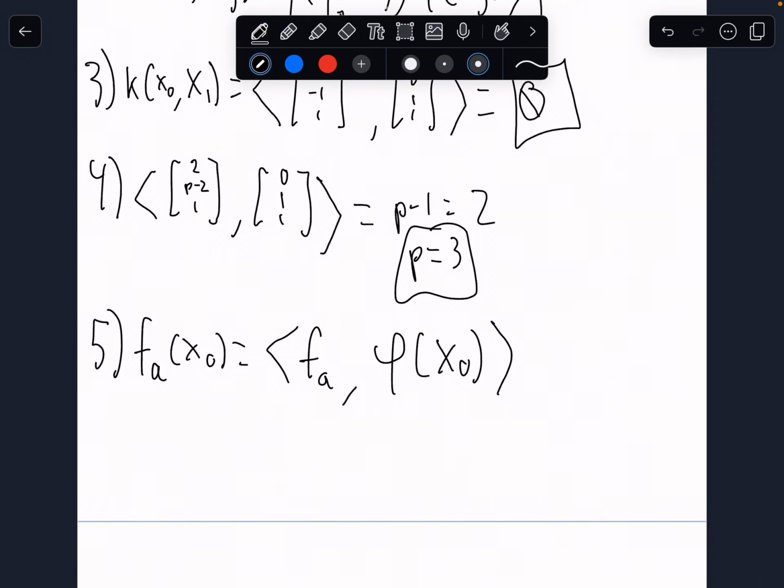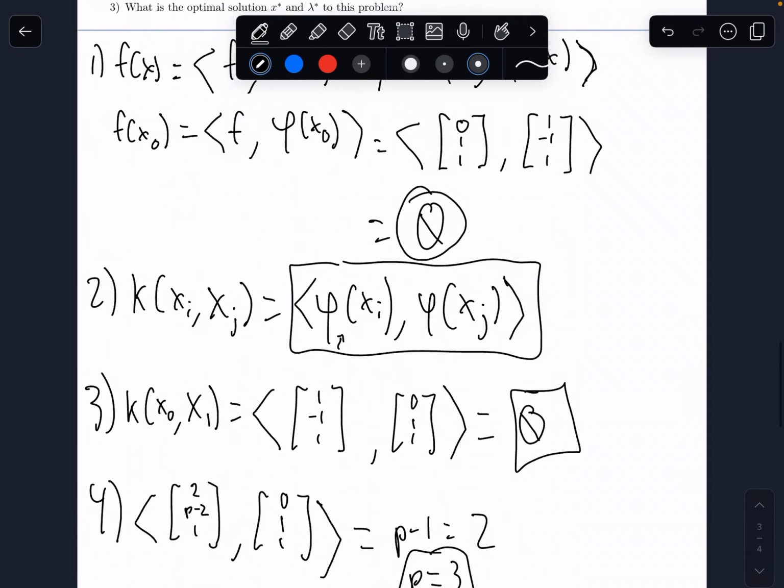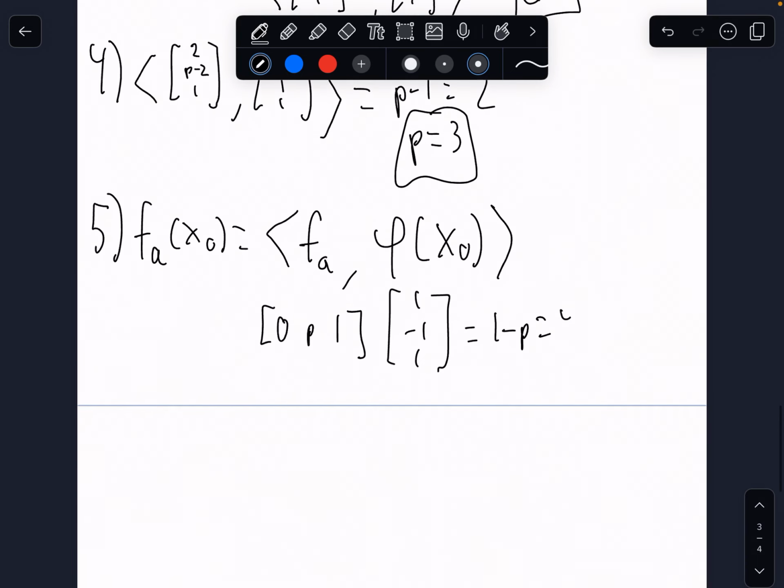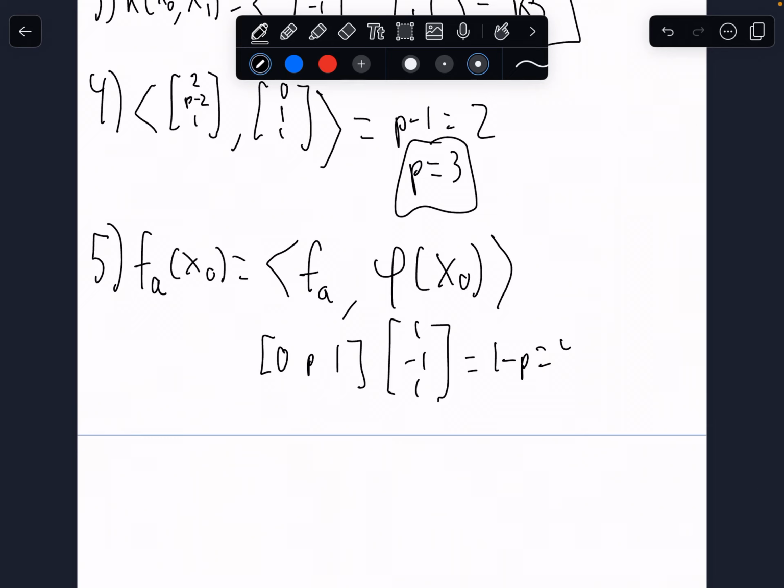So we just plug in our new values, 0, p, 1, and 1, negative 1, 1, I believe. So we get 1 minus p equals 4, right? Yes, 4. So then we have p equals negative 3.